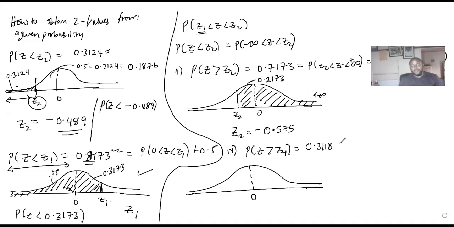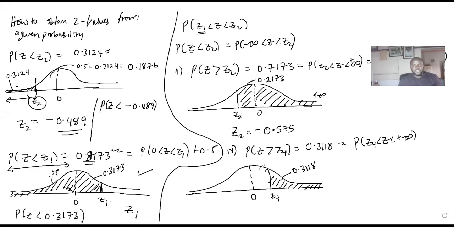But remember, this goes up to positive infinity. So it means from Z4 less than Z less than positive infinity. So you shade it from infinity up to somewhere where Z4 is. And definitely, this is going to be 0.3118.